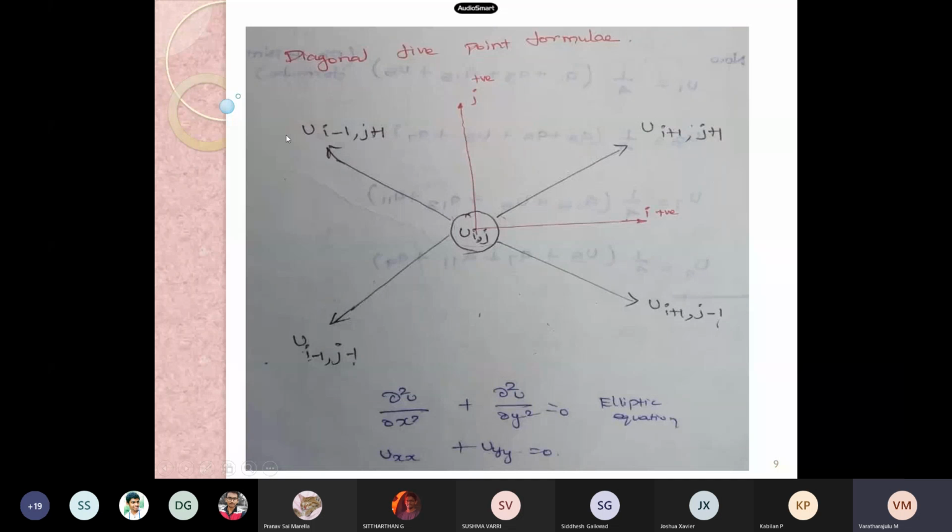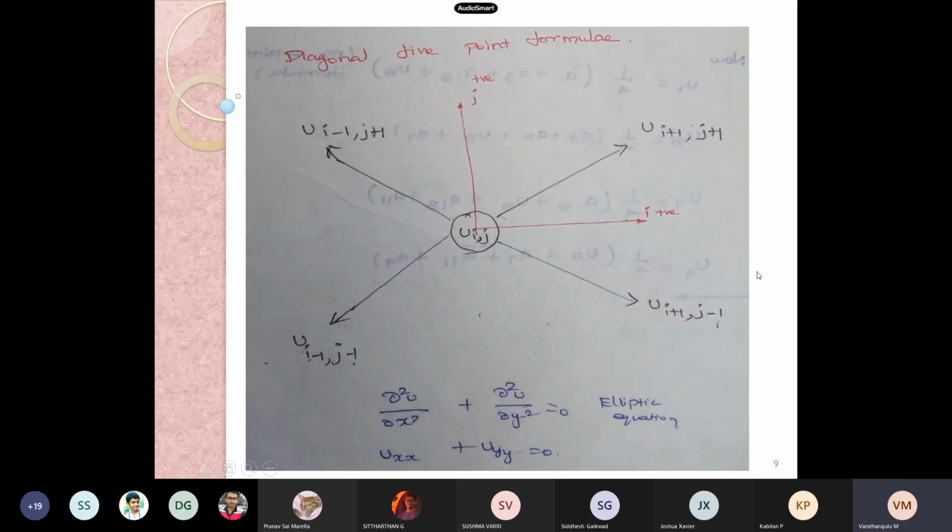This was j plus 1 and j minus 1. So u of i plus 1, j plus 1, u of i plus 1, j minus 1. Here both are minus, i minus 1 and j minus 1. Here i minus 1, j plus 1. So with the aid of these two equations, we are going to find our unknowns in the subsequent problems.